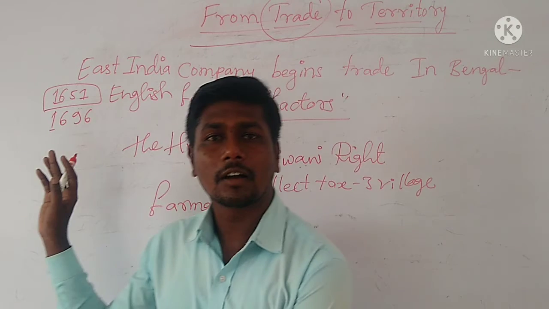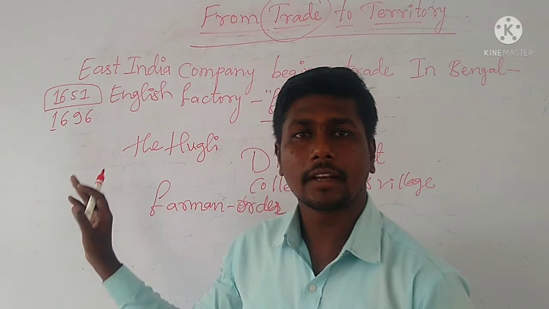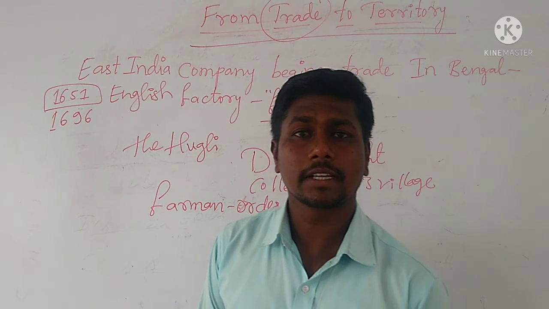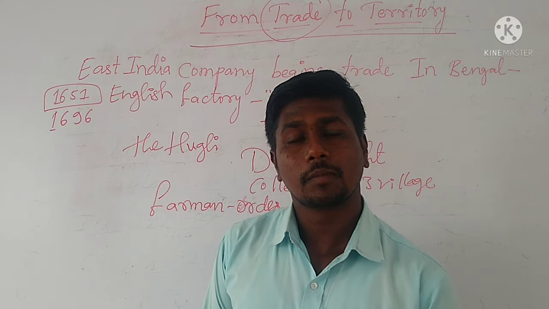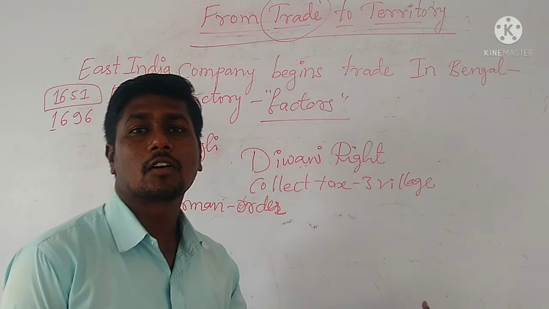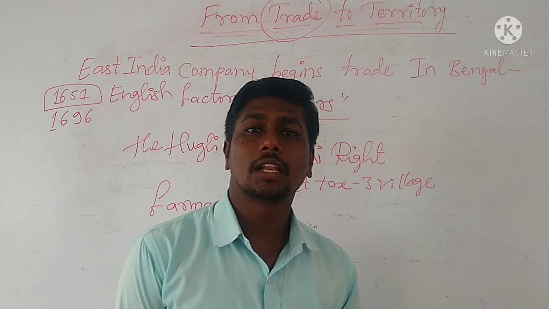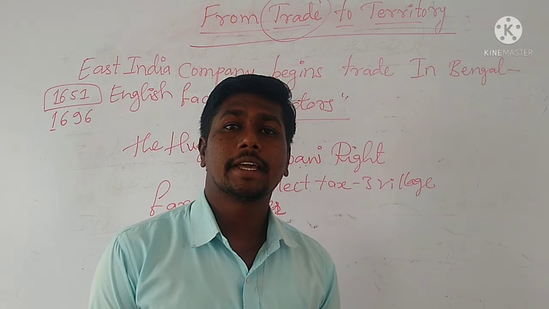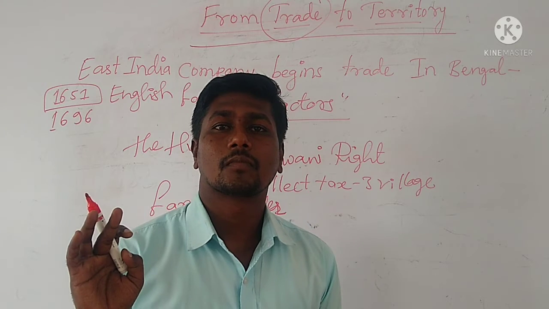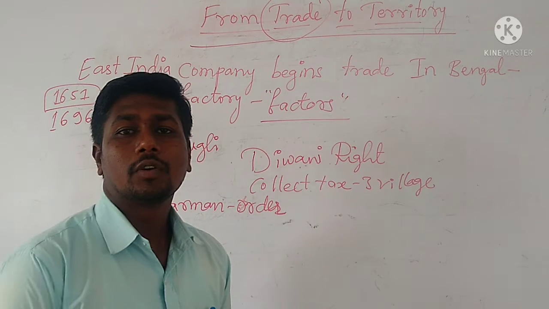The English East India Company got the right to trade duty free from Aurangzeb, from the Mughal Empire. But what did the British officials do? They misused this grant, this farman or order of the Mughal Emperor Aurangzeb, and carried on their personal private trade also duty free.